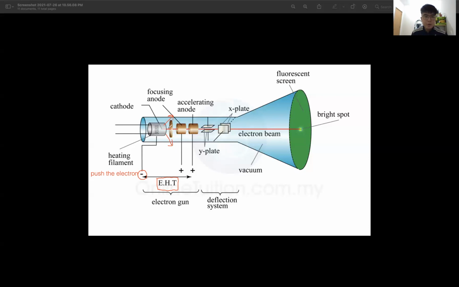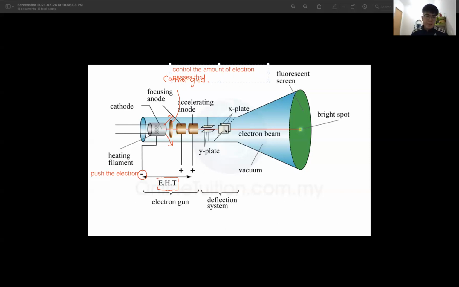This is the control grid. Okay, the ring shape. This is the control grid. The control grid is to control the amount of electron passes through. Okay, control the amount of electron passes through.